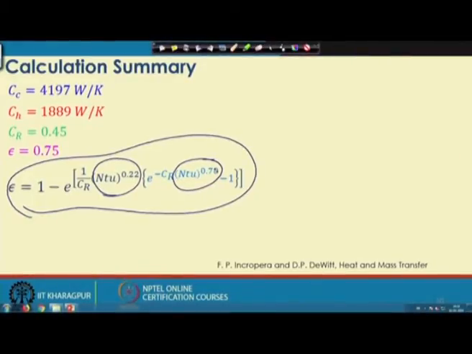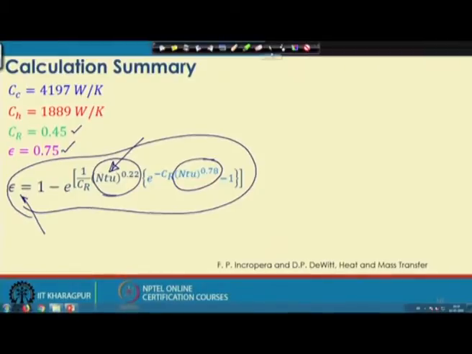We have calculated the epsilon, we have the Cr value, we have the C min value also with us, but we intend to calculate the NTU, but this relation will directly give you the epsilon, not the NTU. So we cannot rearrange this equation.